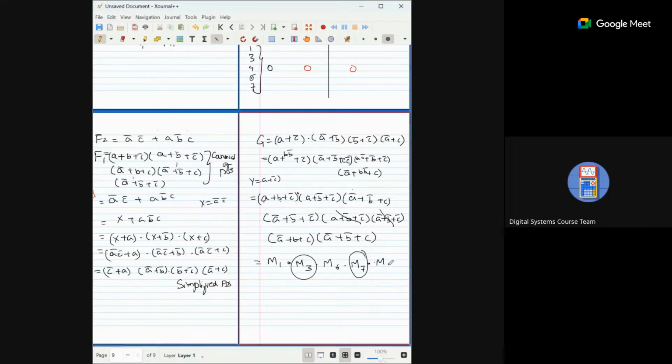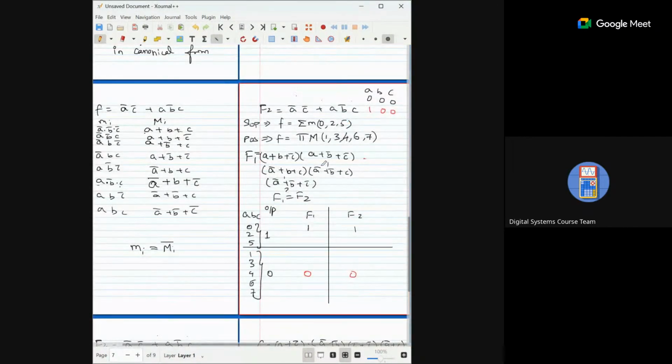M4 is not there, so let me put M4. This one is M6, which is already there, so again this is redundant. That's it. So I finally conclude with 5 terms. Let me rearrange: M1 dot M3 dot M4 dot M6 dot M7, which we got in the previous case. Yes, this is a max term. Is it okay? Any doubt in this regard?